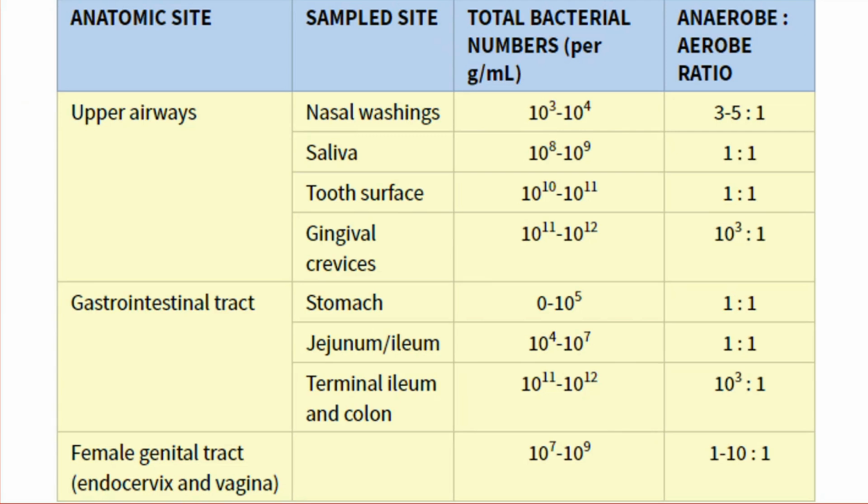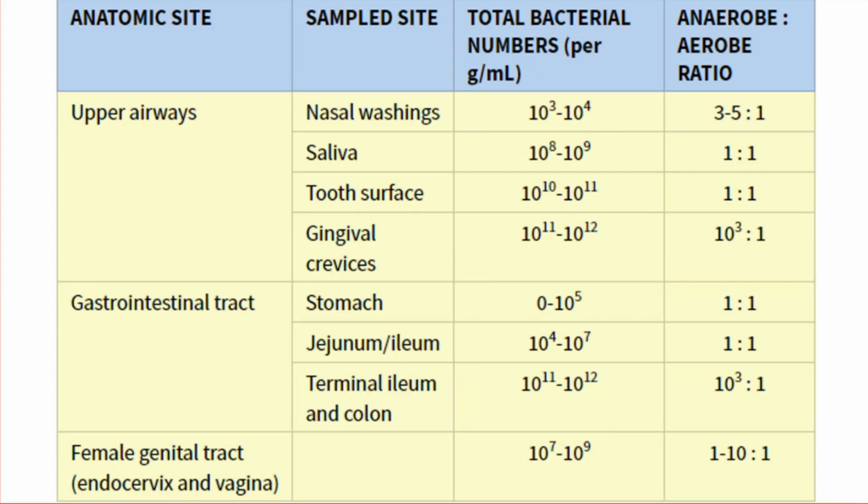In the upper airways, in the nasal washings, you see the total bacterial number per gram or per ml. As those of you who rotated with me at Moffitt know, I mention this. Look at your GI tract, your terminal ileum and colon: that's the most concentrated total bacterial number.